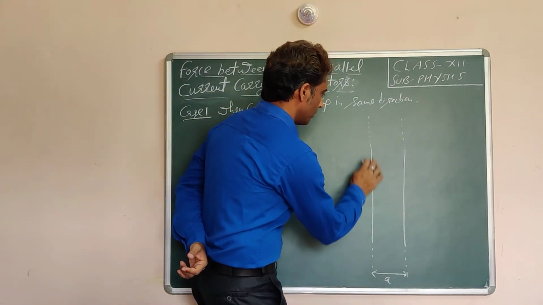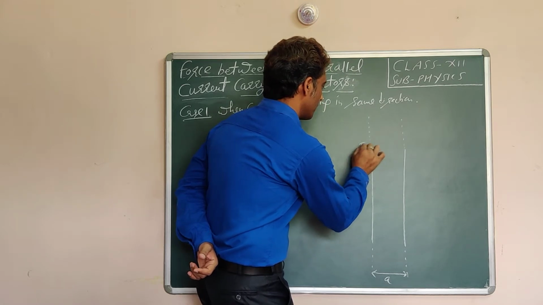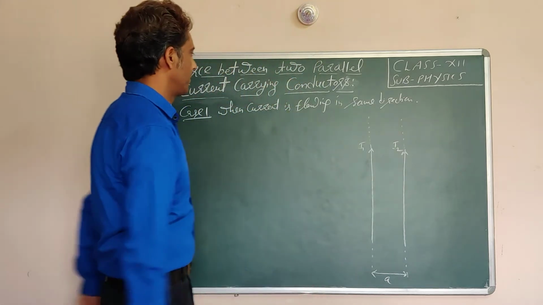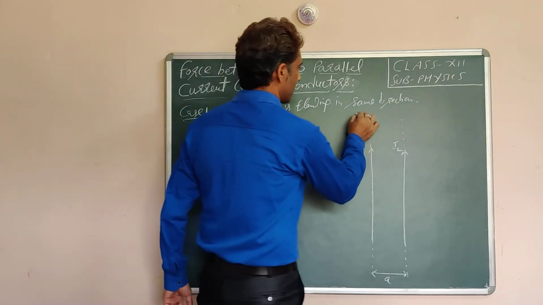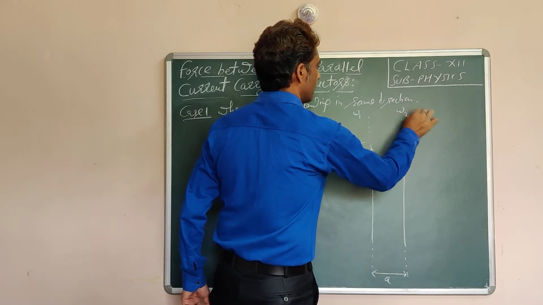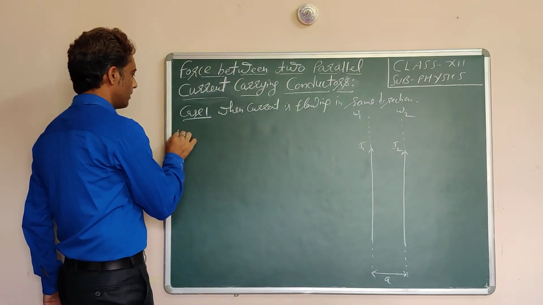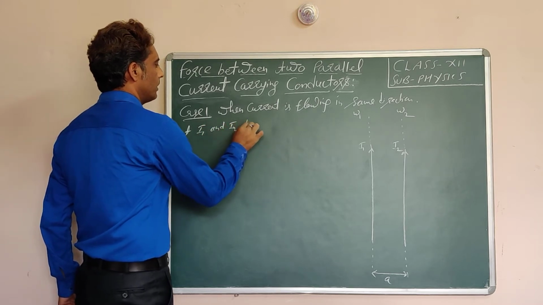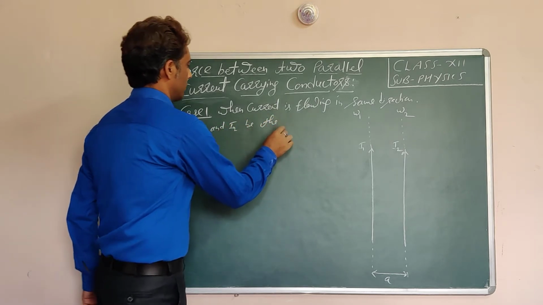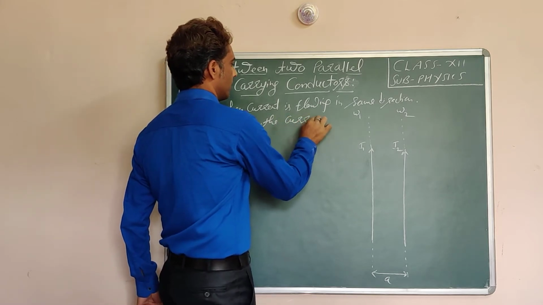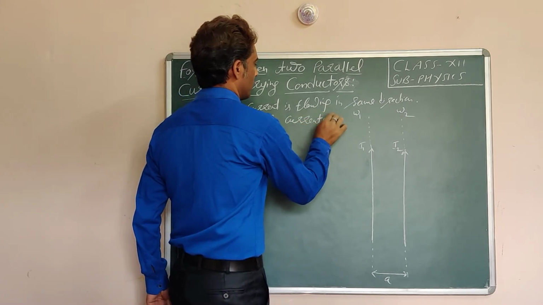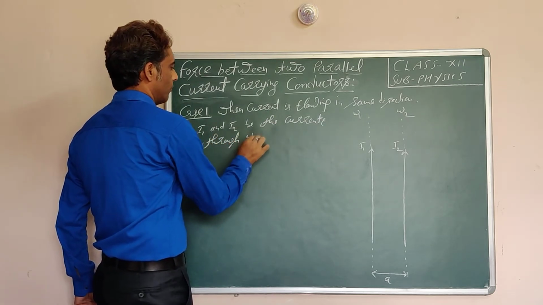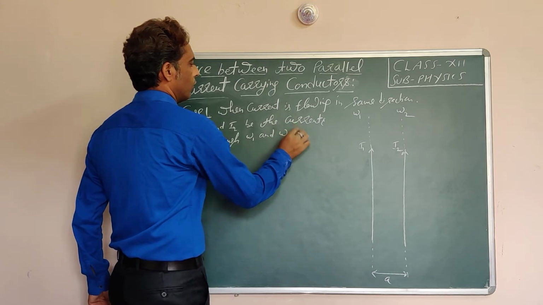Current through this conductor is I1 and so this is I2. And I name this conductor as W1 and W2. So let I1 and I2 be the currents through W1 and W2 respectively.